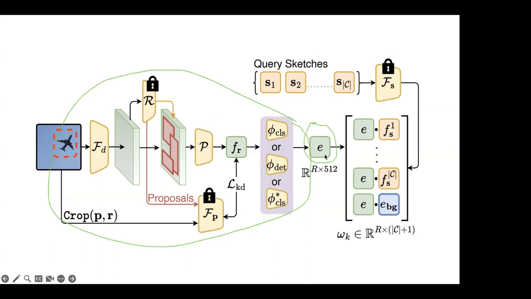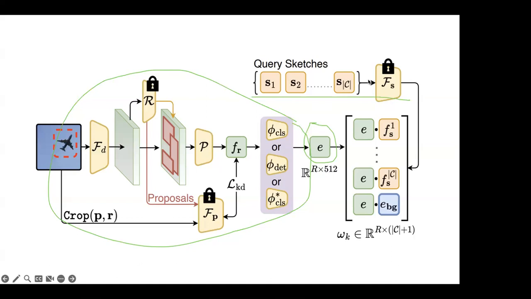The sketch encoder is attached to compute the support set of features and the learned catch-all background embedding. The classification and detection scores are computed by multiplying the embedding vectors with the support set of sketch features.